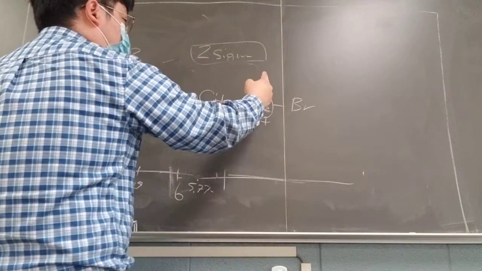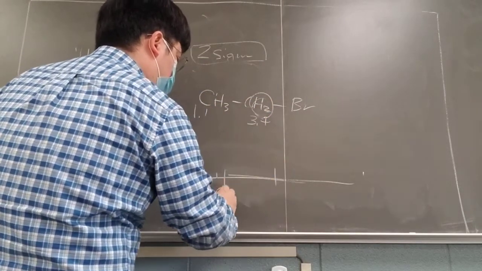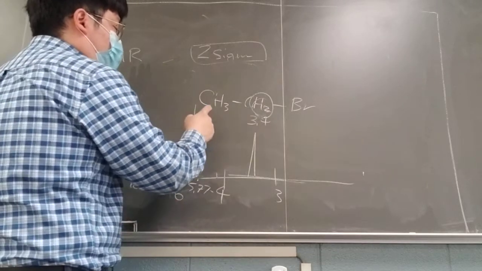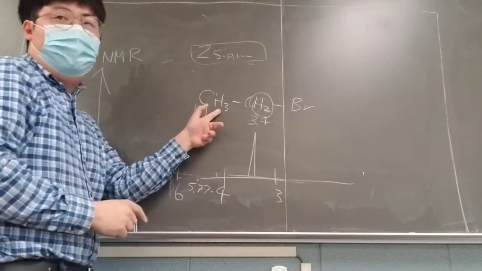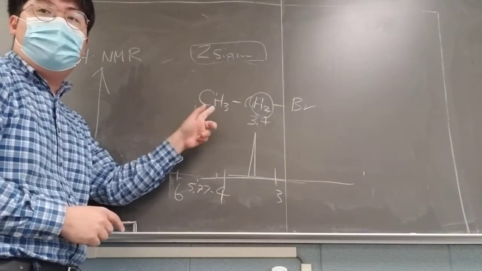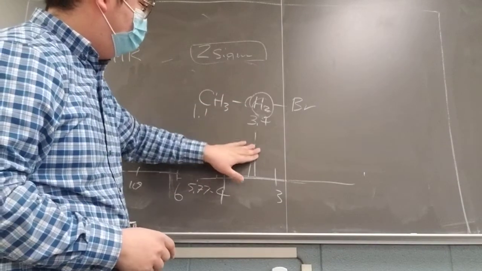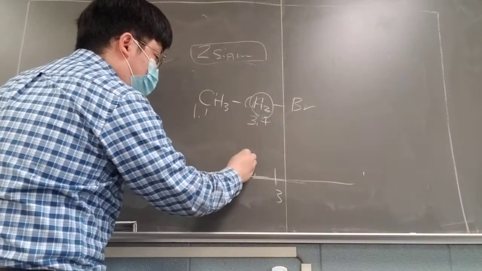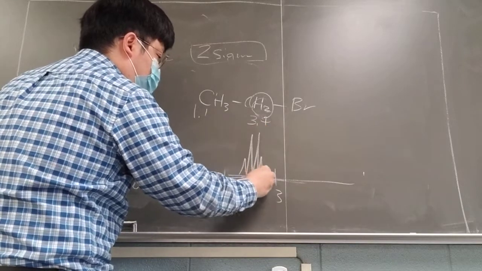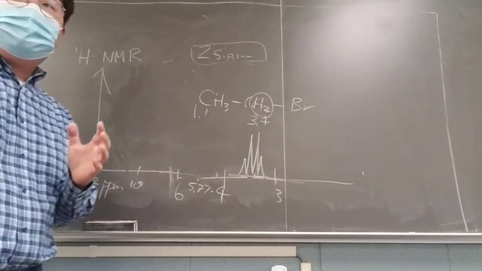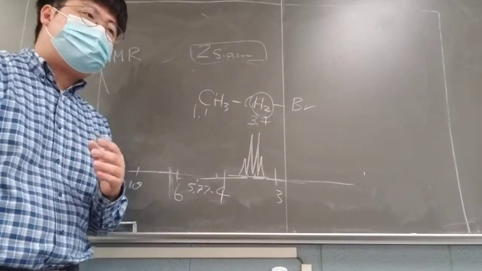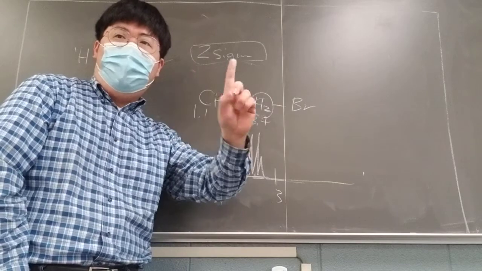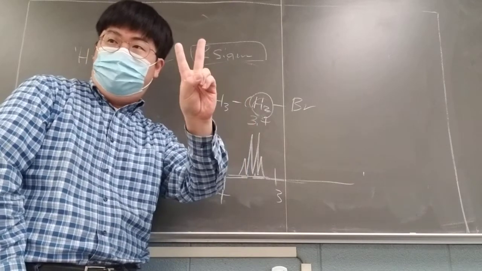But if you put that somewhere here, now it will be affected by 3, not 1 or 2. So I'll just tell you the answer right there. There'll be 4 peaks. Looks like this. So here's the thing. The first one is 1 signal affected by 1 non-equivalent proton that makes 2 peaks, right?